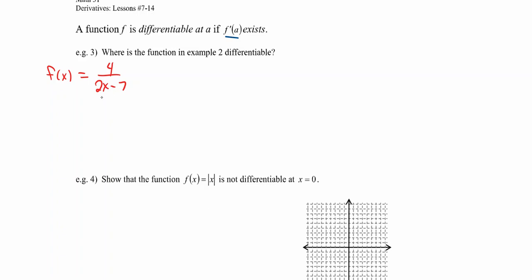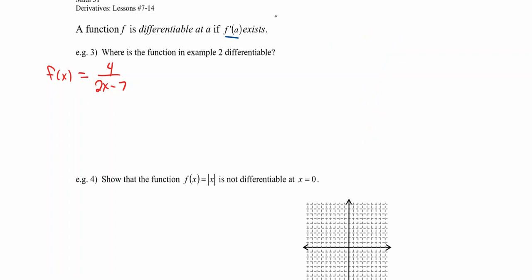If you graph that out, we could figure out where the asymptote is, because you're dividing by 0 there. We could solve for that even now: it's going to be at 7/2, where it's not differentiable because there'll be an asymptote at that point. It never approaches it. How do I figure out the slope at that point? We can't find the derivative right there, so I know that right off the bat.